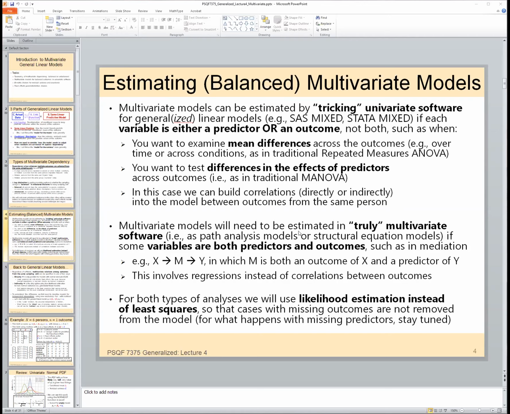If you want to examine differences in the effect of predictors, you can do it this way as well. So if you have, say, 3 different measures of depression and you want to know if your treatment is effective in reducing depression, you might want to see if your treatment has a different impact depending on how you measure depression. So that would be a case for a multivariate model where the 3 depression outcomes just need to be related if they're from the same person, and otherwise it's fine. We'll be able to build in those correlations pretty straightforwardly in that case.